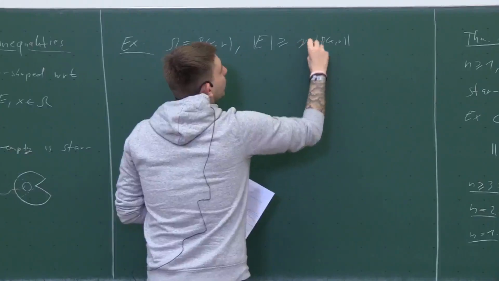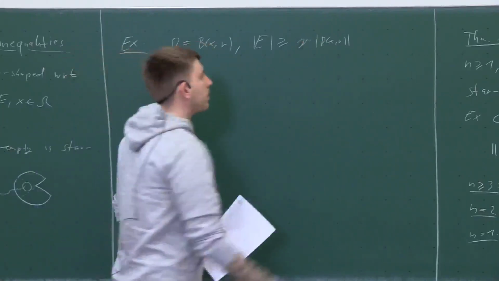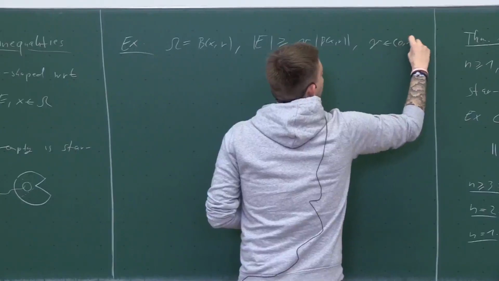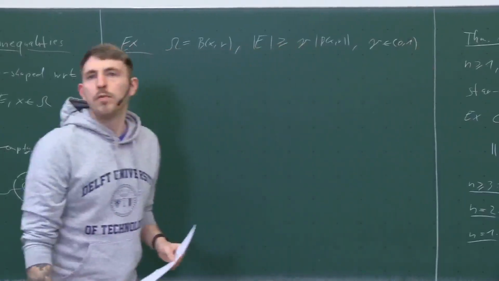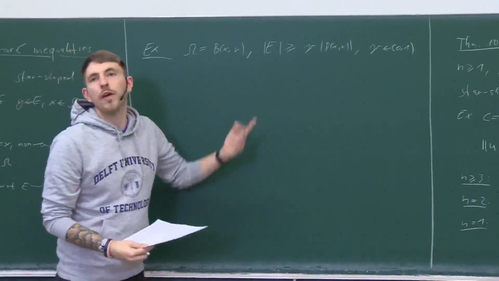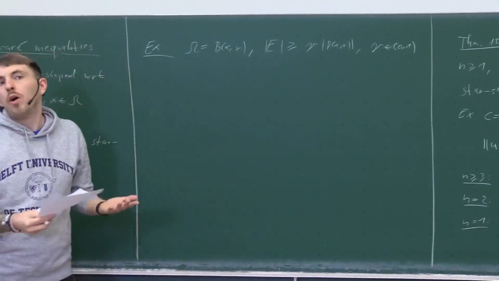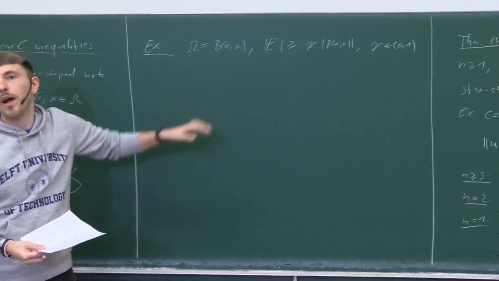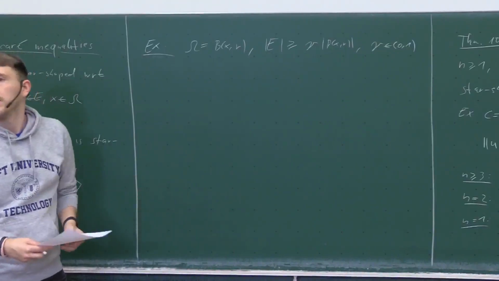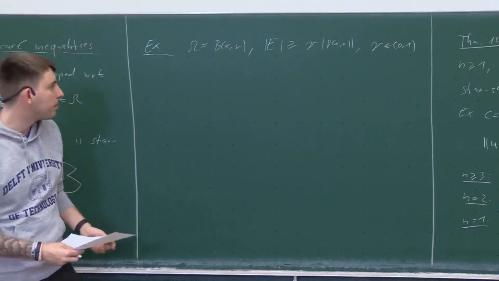That's why I introduce a number gamma here. This gamma is between 0 and 1. And then this is possible. And you could, for instance, have in mind some balls inside this ball that have a comparable but smaller radius, or other constellations.